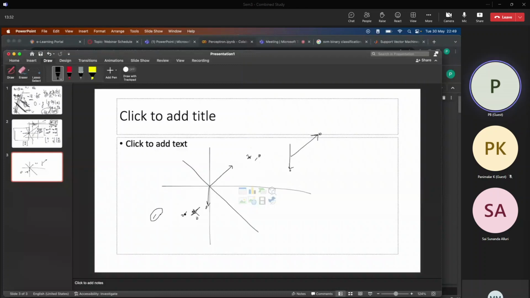For example, if the actual is negative and I predicted negative, then multiplying those I get positive. So I would say my model has done a good job in predicting a negative vector. And if there is a positive vector and it says it is positive, then multiplying these two will also give me positive. Then I will say my model has done a good job in predicting the positive class label.